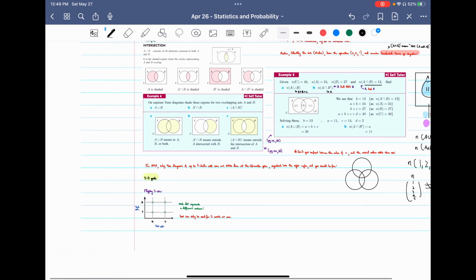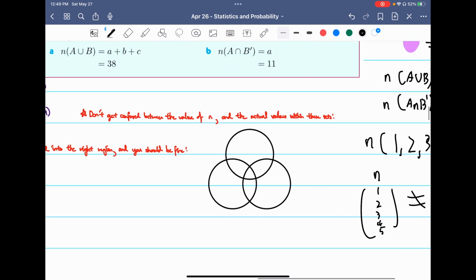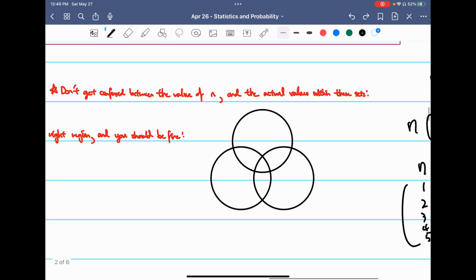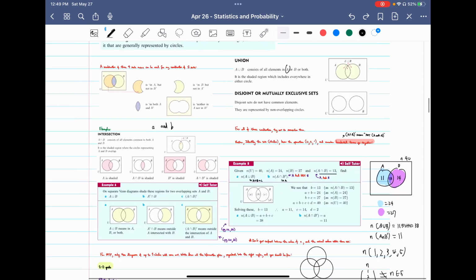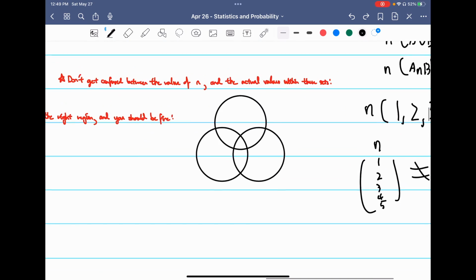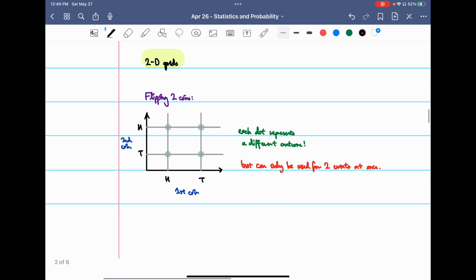In my opinion, the Venn diagram is one of the most difficult things that can come out if it comes out with three circles. So make sure you practice this Venn diagram thoroughly, and we will be providing some example questions, especially regarding this three-circle Venn diagram. So check that out and then study tightly.